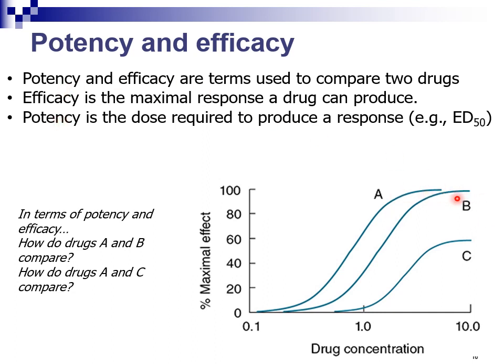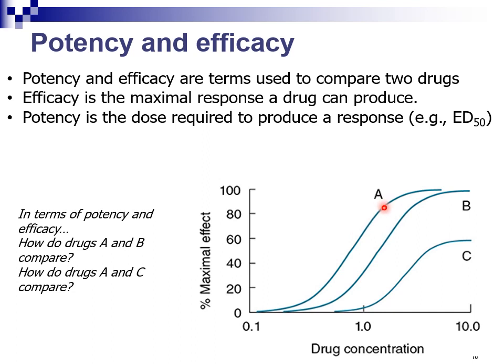So the question is, in terms of potency and efficacy, how do drugs A and B compare? Well, A and B have similar efficacy, okay? But now catch this, this is a little tricky.